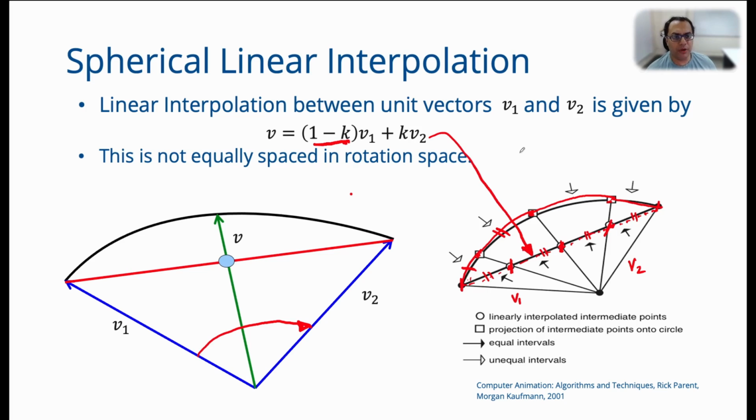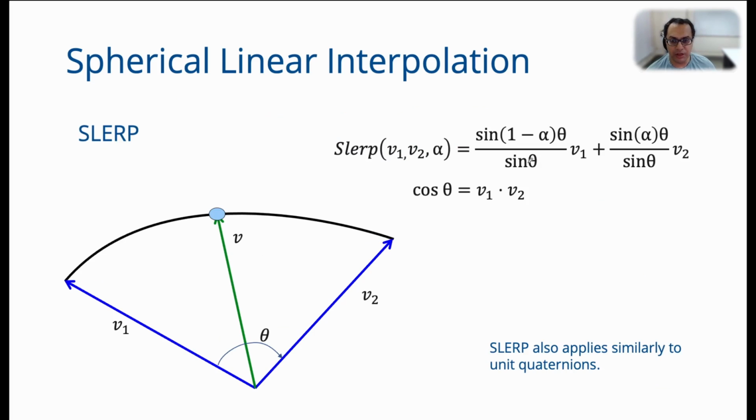Therefore, direct linear interpolation is not a good idea in such a case. So what can you do? Well, you can perform something known as spherical linear interpolation, or in short it is also called SLERP. I want you to try and derive this expression.